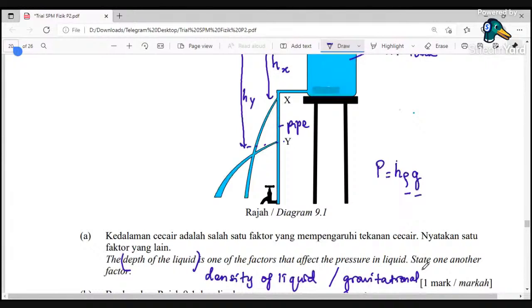This is the horizontal distance, let's say horizontal distance dx. So this one for Y is dy.